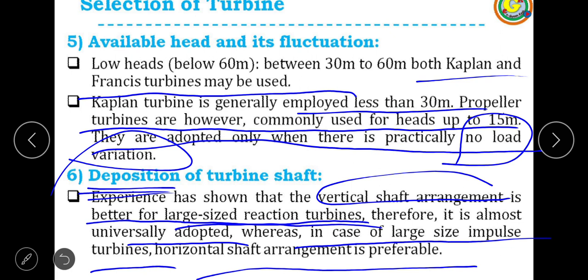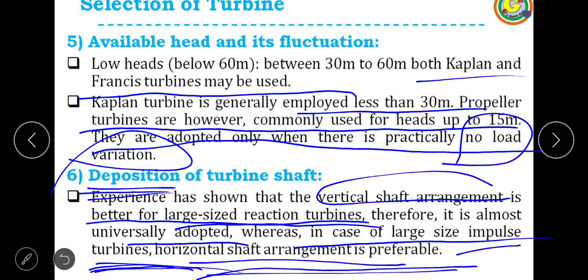Therefore, it is almost universally adopted, whereas in case of large size impulse turbines, that is Pelton wheel, the horizontal shaft arrangement is always preferable. That's why this word should have been disposition, not deposition.